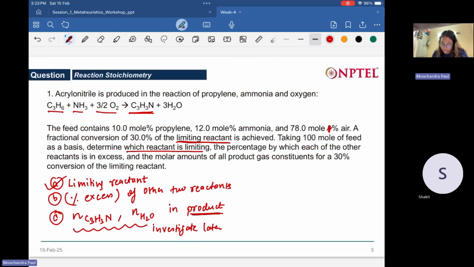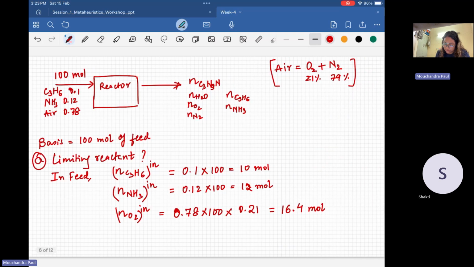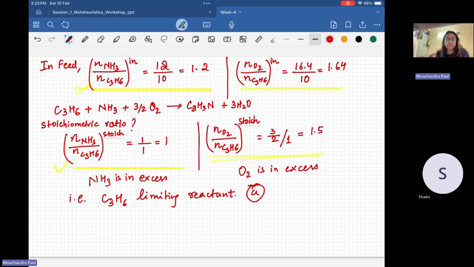Then we have to find the percentage by which each of the reactants, ammonia and oxygen, is in excess. First we have to calculate how much amount it should be according to stoichiometry, and we already know the amounts of ammonia and oxygen in the feed, and then we can calculate the percentage excess.